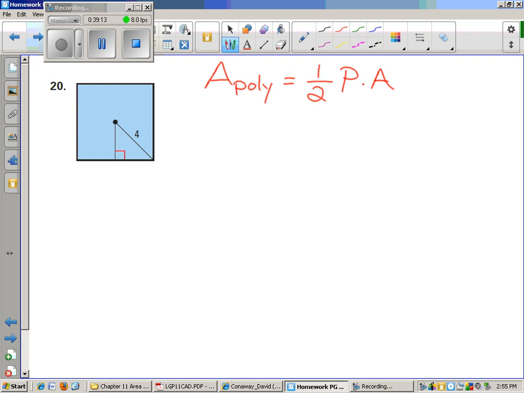But if I look at the area of a polygon, I need to figure out what the perimeter and the apothem are. In this picture, what is the apothem? Is the 4 the apothem? We said the apothem is the shortest distance from the center to the outside edge.